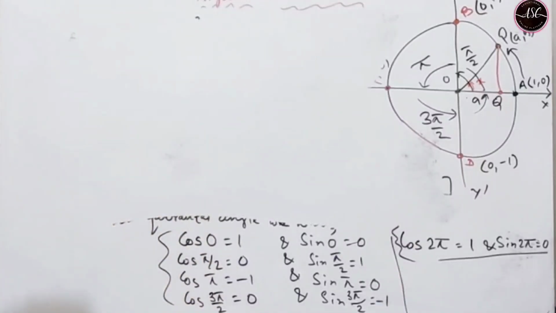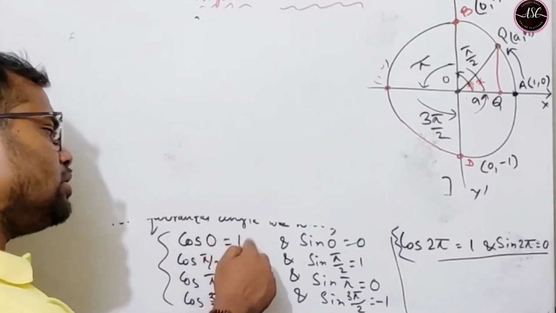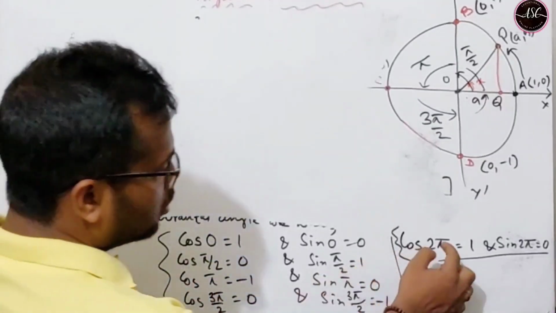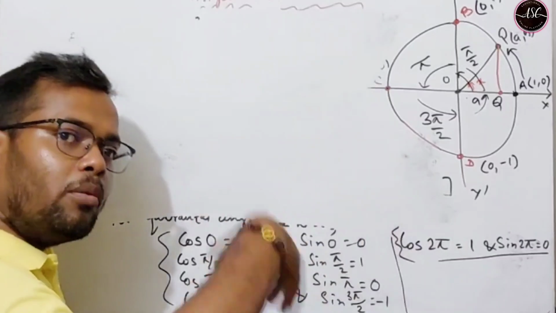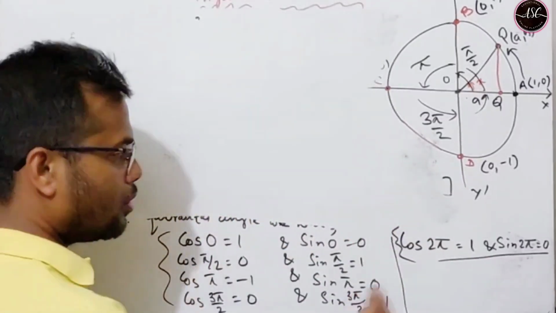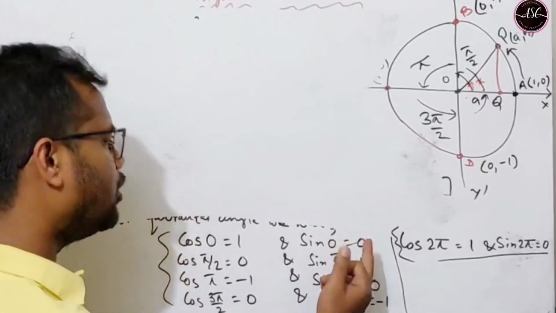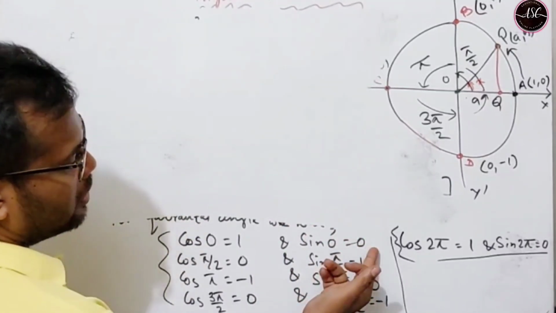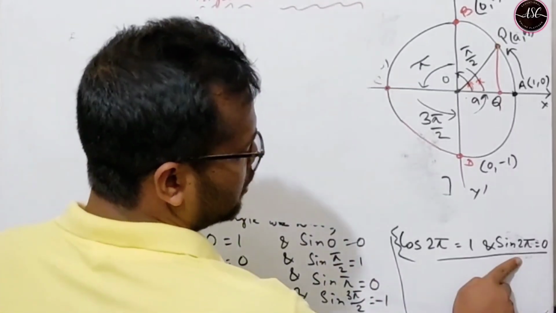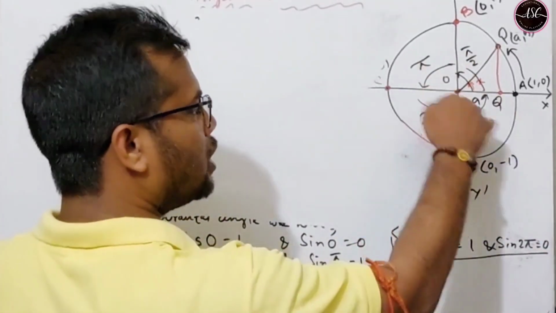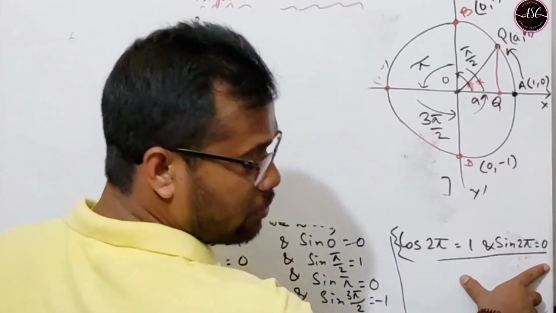The value of cos at the start is 1, and when the angle is 2 pi, that means a complete revolution, the value of cos will be the same. And for sin, the value at the initial point is 0, and after a total revolution, 2 pi radian, the value will be 0.